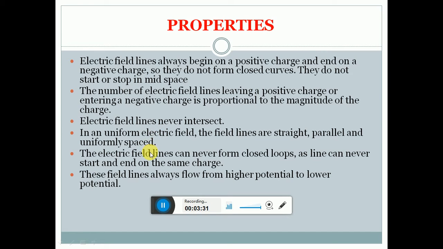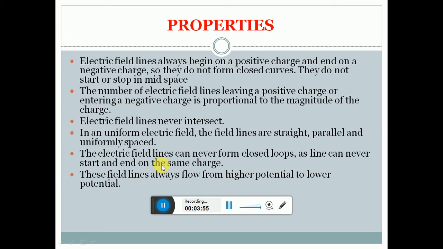Next one, electric field lines can never form closed loops, as a line can never start and end on the same charge. They never start and end from the same charge.